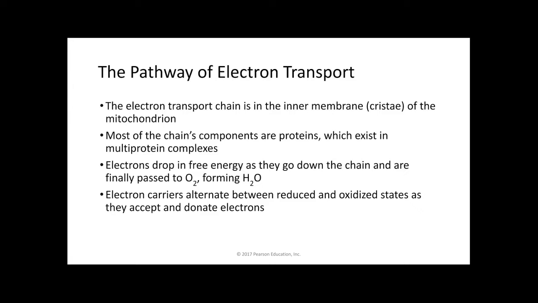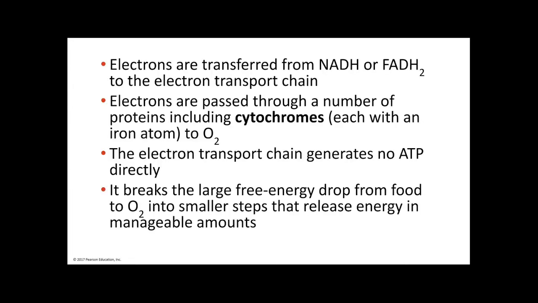The electrons carried from the NADH and FADH2 will pass down the electron transport chain, and they help with ATP synthesis. When electrons are accepted into the electron transport chain, they get reduced, and they get oxidized as well, and they get passed down by electron carriers so that they get more electronegative.